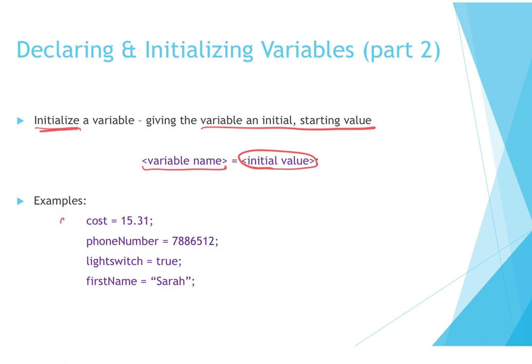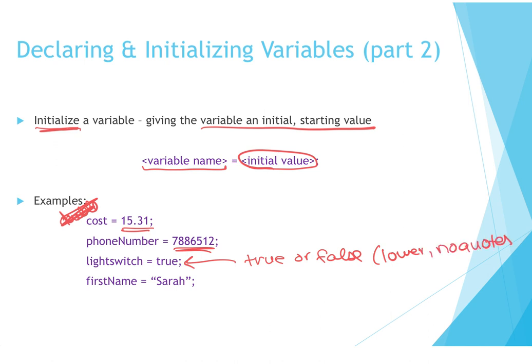We know that in the previous slide, we declared the cost variable to be a double, which is why we can enter in a decimal value here. We know that phone number was declared to be an int, which is why we have a non-decimal number here. Light switch was a Boolean, so Booleans are either going to be equal to true or false. Notice it is all lowercase and it contains no quotes.